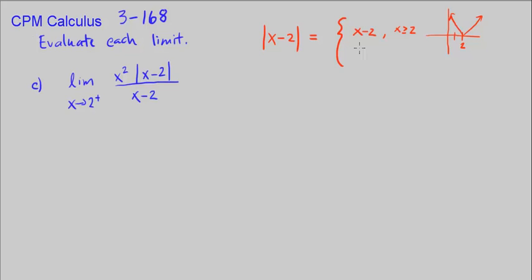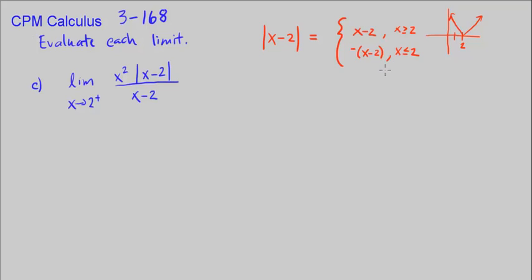So it's going to be negative x minus 2 for when x is less than or equal to 2. Okay? And we could even plug in a value like 1, right? 1 minus 2 is negative 1. And that becomes a positive 1 because of the negative sign.